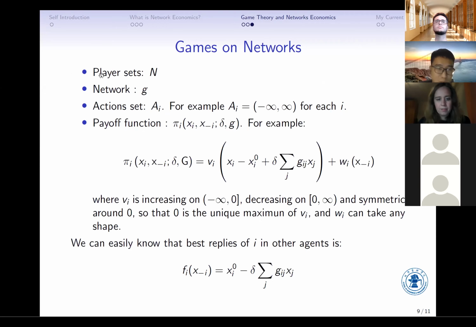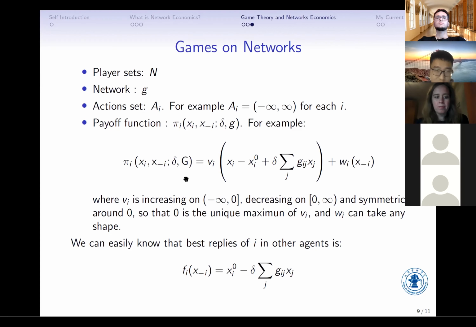The player set is N and the network is G, and the action set is from negative infinity to positive infinity for each player, and the payoff function is defined by pi I. The xi is player I's action, and this is other players' actions other than I, and G is the network, and delta is the payoff impact parameter, which gives the sign and the magnitude of the effect of players' actions on theirs.